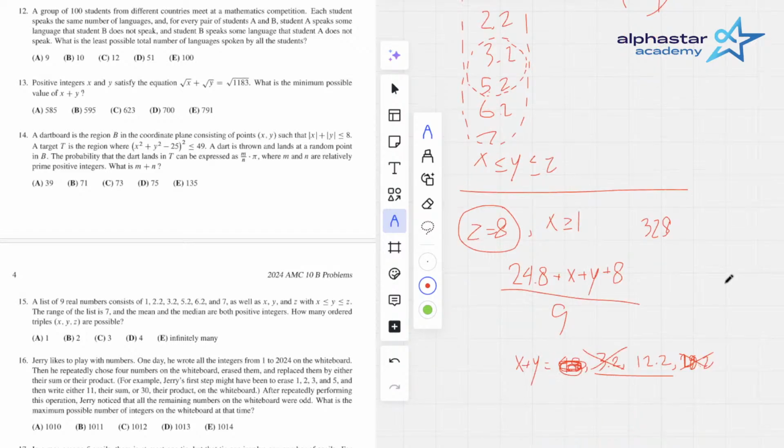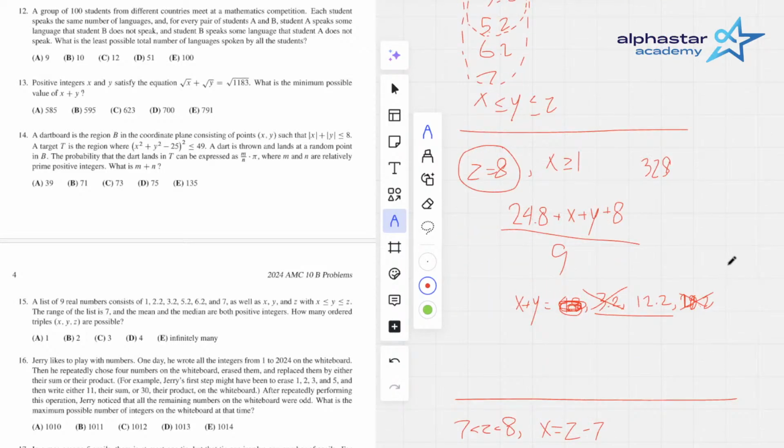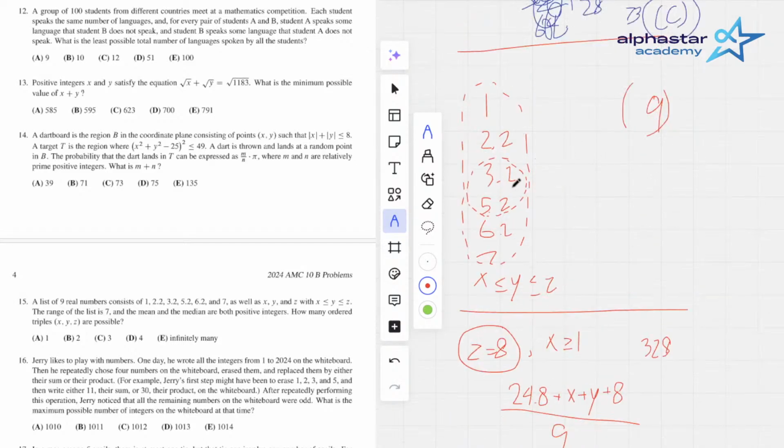Or the median is, okay, so x plus y is 12.2, and z is 8, so y is less than or equal to 8, x is greater than or equal to 4.2, right? So 4.2, 8 is the most extreme that we have. But that wouldn't work, because 1, 2, 3, 4, 5, the median would be 4.2 and then another 8.